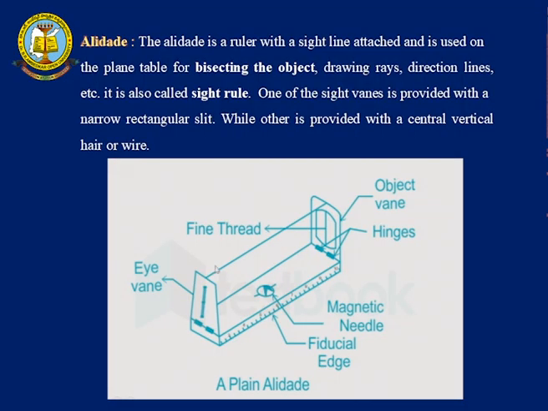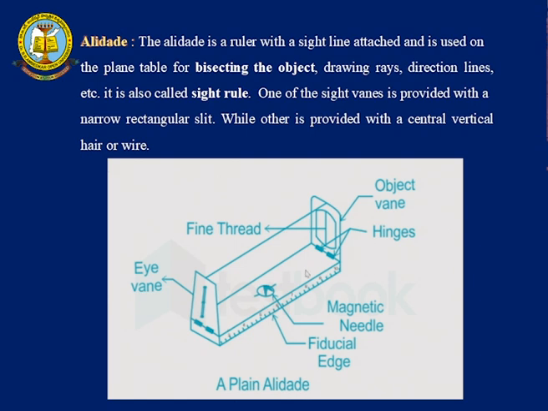Then another important aspect is the alidade. Now you see this in the slide figure. In the figure you can see the eye vane, through which you have to see the object, and the other point is called the object vane. The object vane has a fine thread or a horsehair, and you have to see from the eye vane, and the object will be seen from the eye vane to the object vane, and then you take the readings.